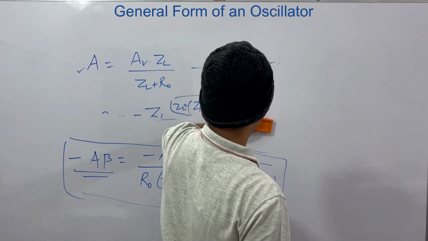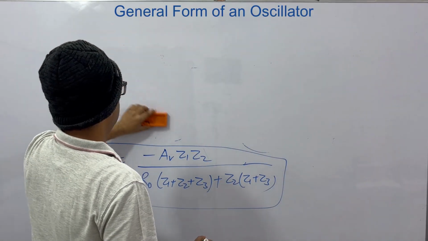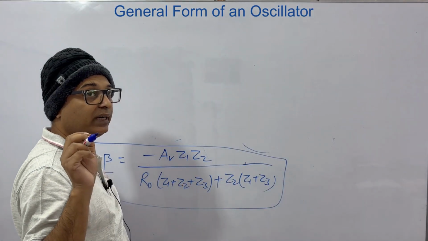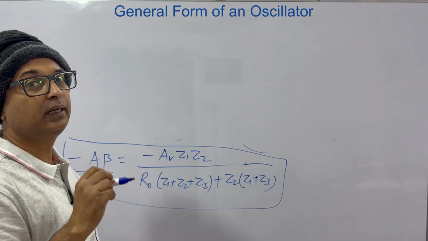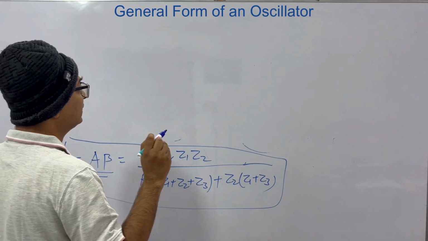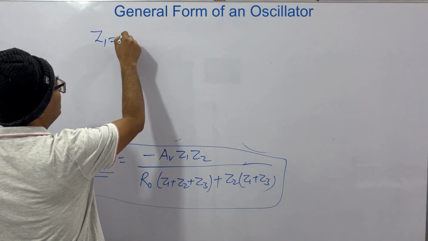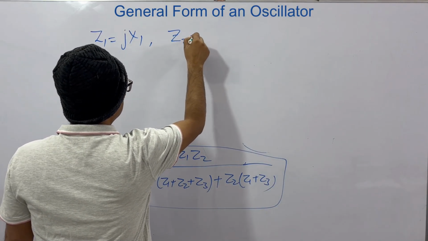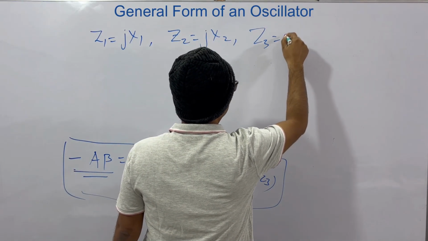Now, if this network Z1, Z2, Z3 are pure reactances, that is, they are either capacitors or inductors, they are not resistors, then you know Z1 can be written as jX1, Z2 can be written as jX2, and Z3 can be written as jX3.